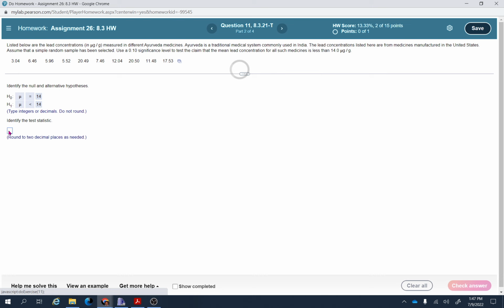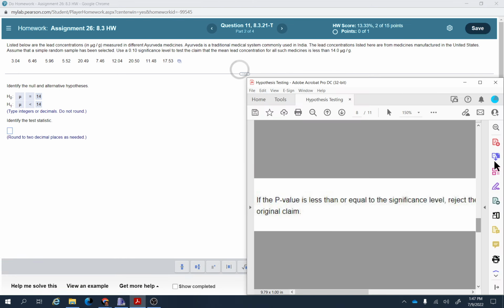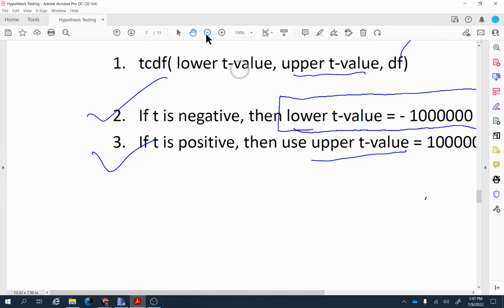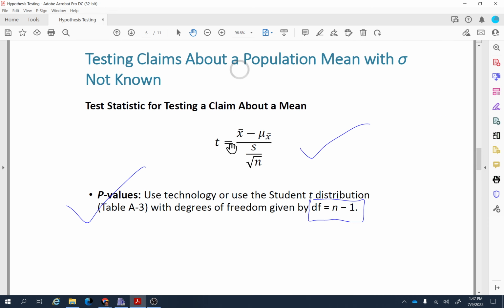Now we need to find the t-value one more time. There is a formula for finding the t-value. The formula is the sample average minus the population average, divided by the standard deviation over the square root of n.